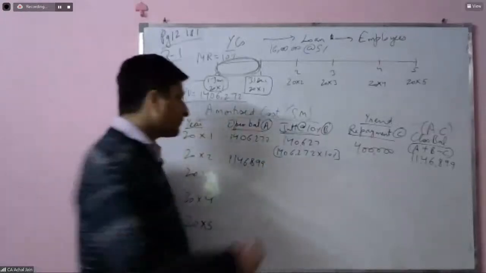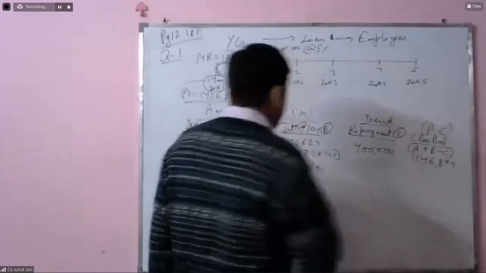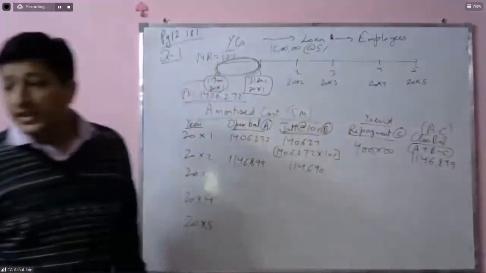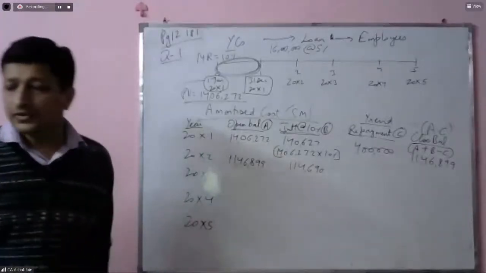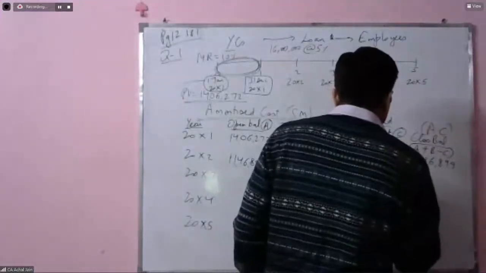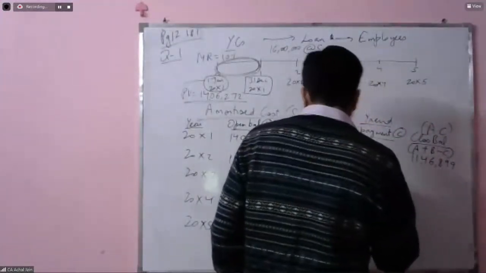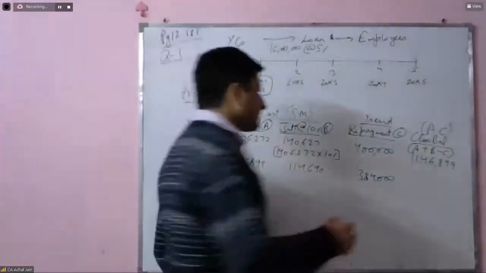So this will become 1,14,690. And once again, we have this repayment of 3,20,000 plus 64,000, 3,84,000. And then we get the closing balance of 8,77,589.